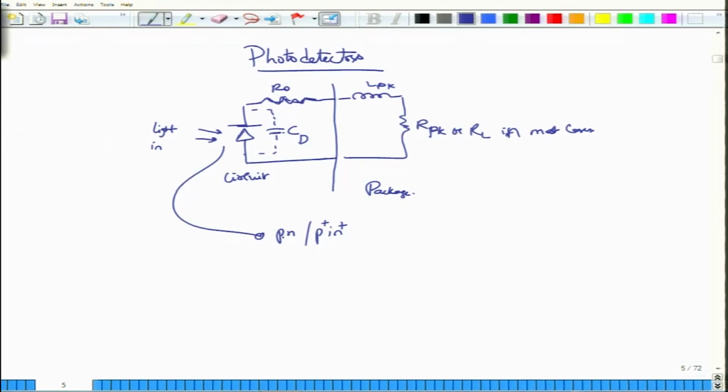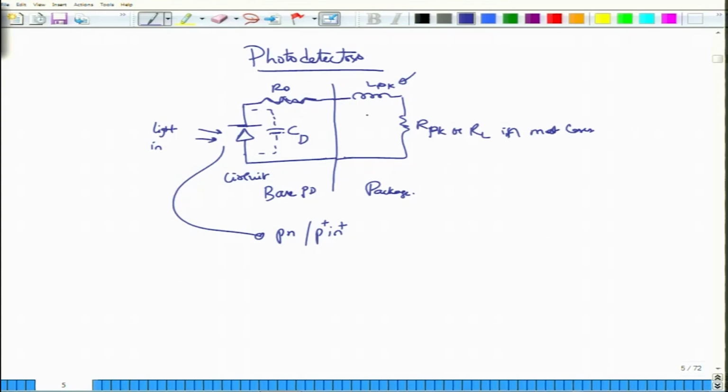Now, because this is a PN junction, there is a certain resistance associated with that, and there is also a certain capacitance. So, this is how the circuit representation would look for a bare photodetector, and PD is my symbol to denote that this is a photodetector. But when you package it, when you bond it, when you put the wires or leads out of it, you normally also have to deal with some amount of inductance, called package inductance, and there could also be some amount of parasitic capacitance.